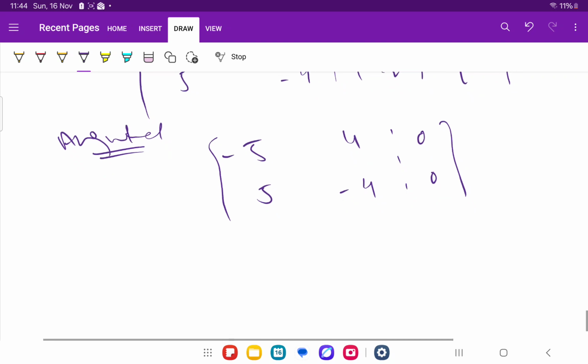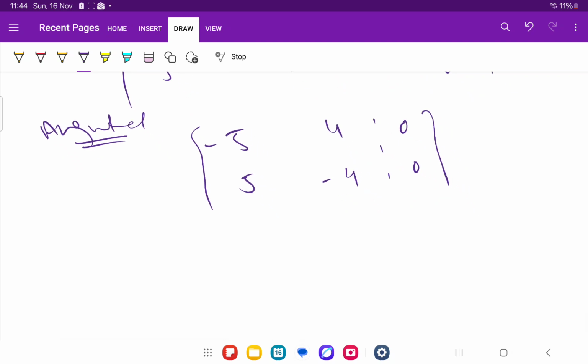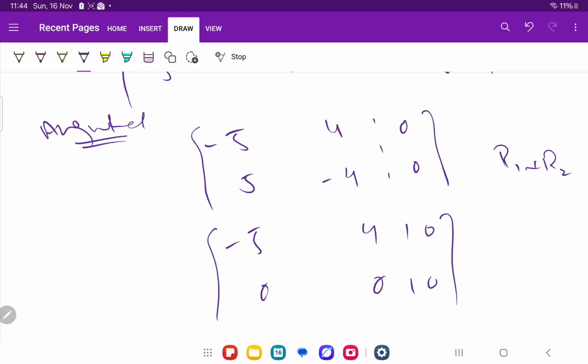So I think if we simply add two rows, there is no need to multiply or subtract, because by adding we are getting minus 5, 4, 0, 0, 0, 0. That is the simplest thing. When you add these two, minus 5 and 5, you will get 0. 4 and minus 4, you will get 0. So there is no need to complicate the question.